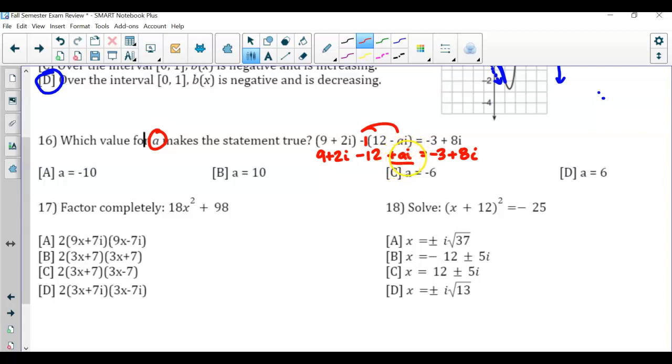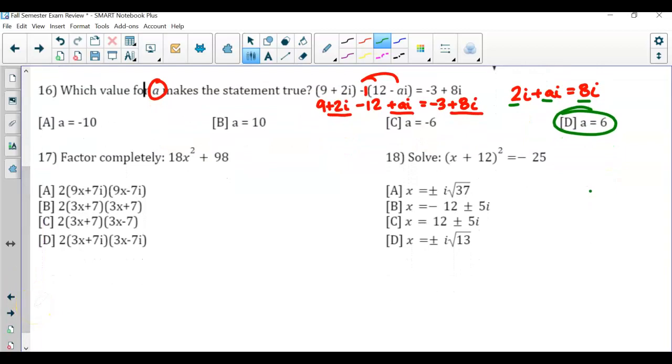So I'm just going to focus on the imaginary parts, your like terms. So I have 2i plus ai is equal to 8i, which means 2 plus what is equal to 8? 6. That's why the answer was D.